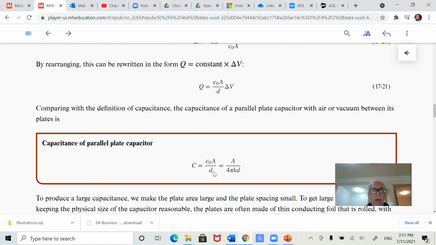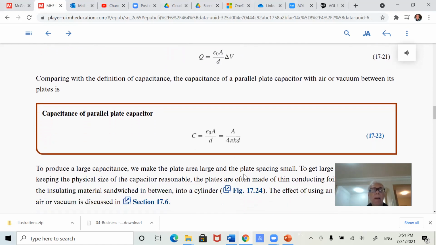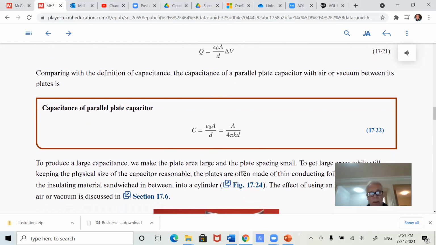The important thing to keep in mind is that the capacitance is a function only of the geometric properties of the device: the area and the distance between the plates. Everything else is a constant. So unless you build the capacitor in a special way, if the geometrical configuration of the capacitor remains constant, the capacitance is going to be the same all the time.